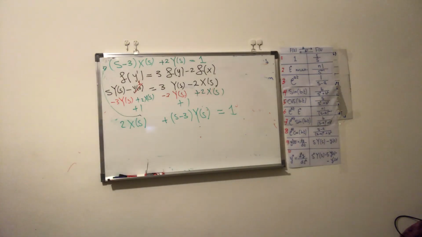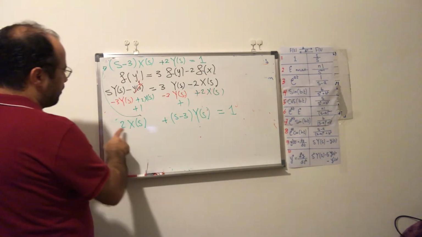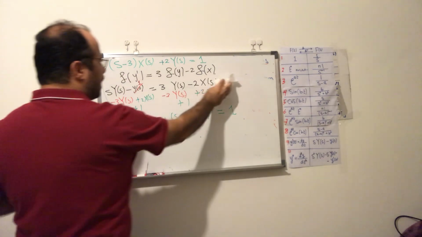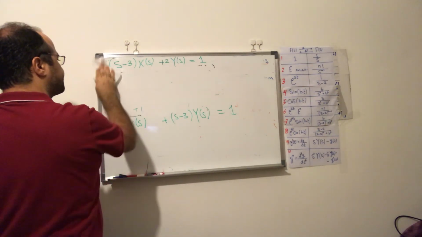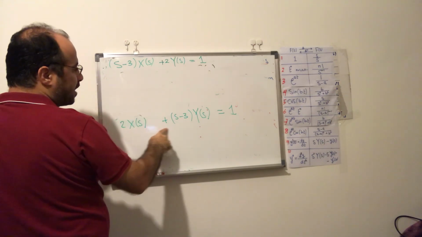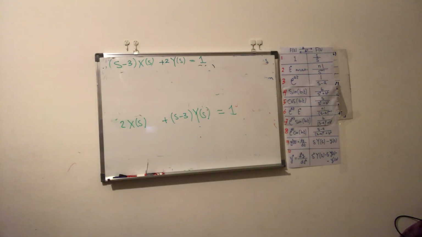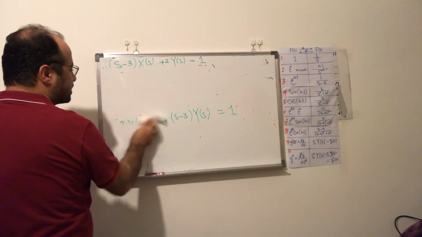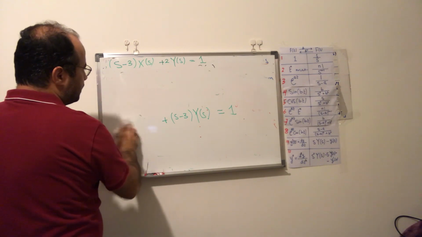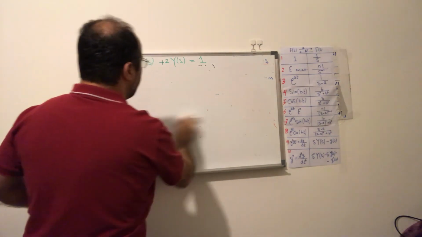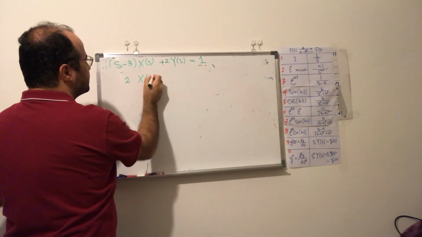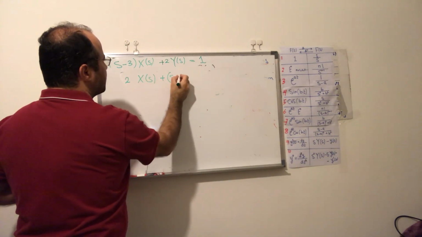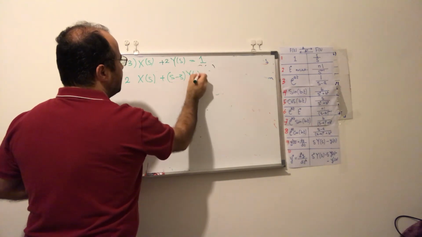Now let me just show you what we have. We have this equation and that equation. I will write them beside each other and I will try to solve them. This is the Laplace transform for the second differential equation, which is the equation for y, because y has a derivative in that one. So here we have 2Xs, and here we have s minus 3 Ys equal to 1.